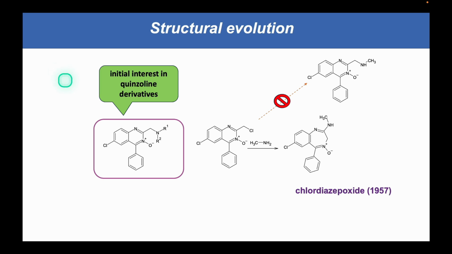derivatives of the general formula shown here. However, when reacting the methyl chloride shown with methylamine, instead of yielding the expected quinazoline, it produced chlordiazepoxide, a benzodiazepine that turned out to be a compound with interesting pharmacological activity.